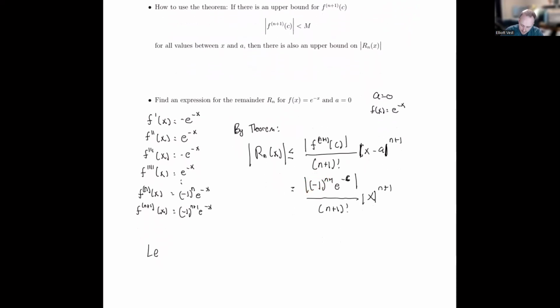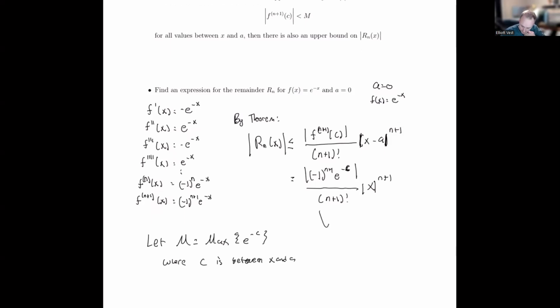And I can say, let m equal the max of e to the negative c power, where c is between x and a. Then in particular, this is going to be equal to m, because I've created a new variable, over n plus 1 factorial times x to the n plus 1. And we're just looking for an expression here, so that's going to be the case for this.